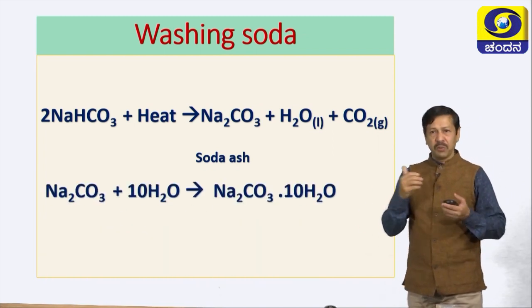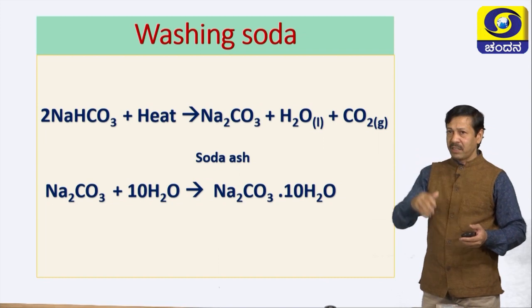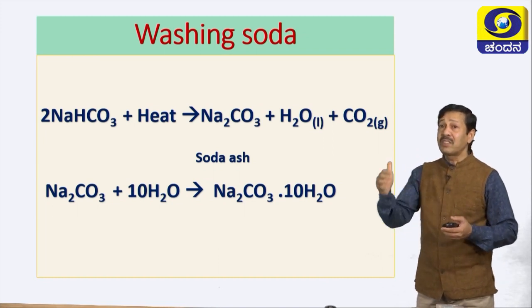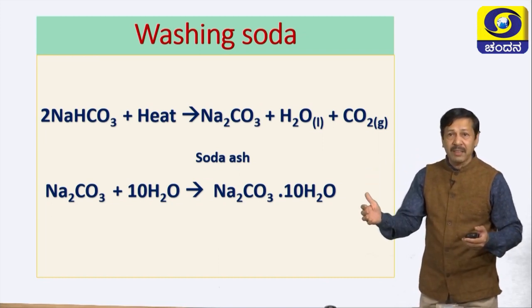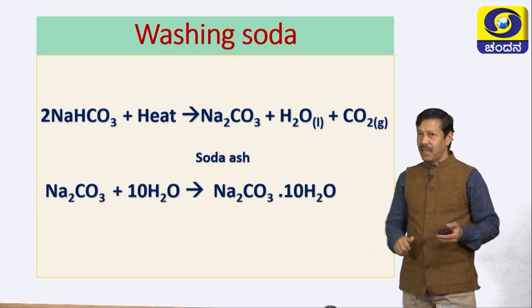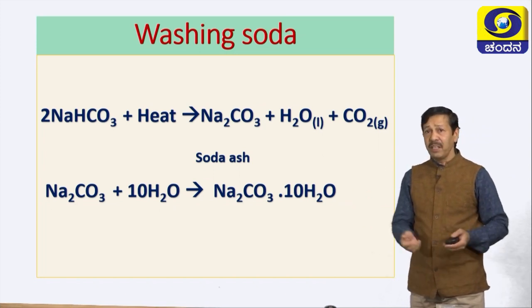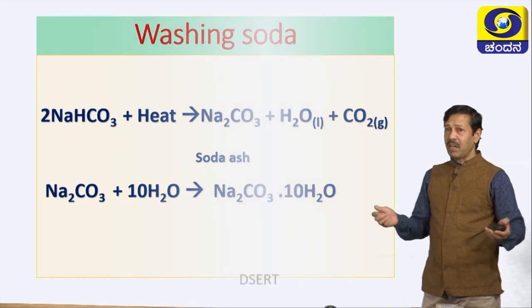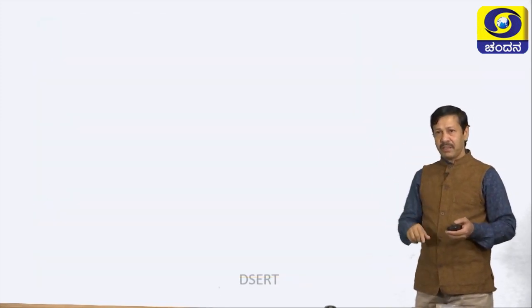Now this Na2CO3 is treated with water, the water of crystallization process takes place and 10 molecules of water are absorbed, and you get washing soda. So this is commonly known as the decahydrate of sodium carbonate, sodium carbonate decahydrate.